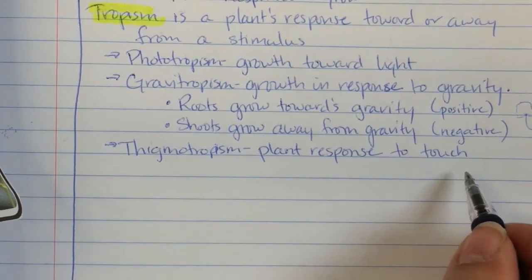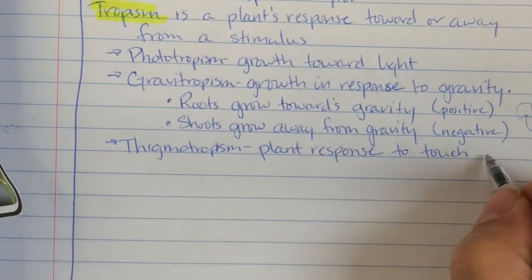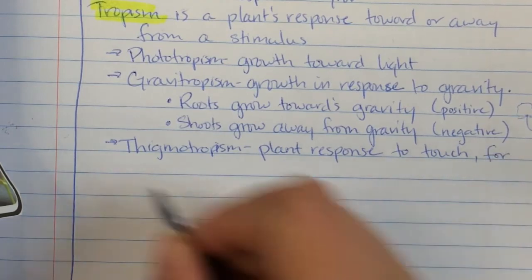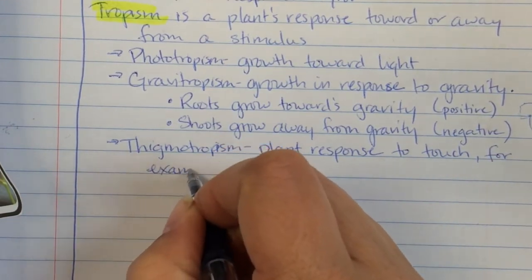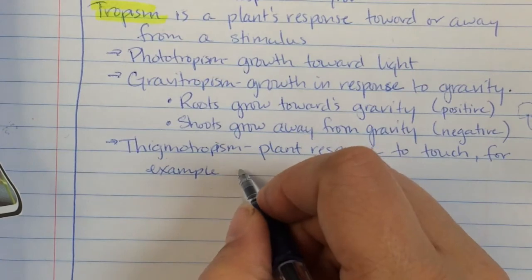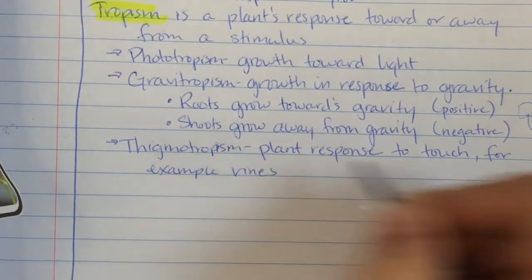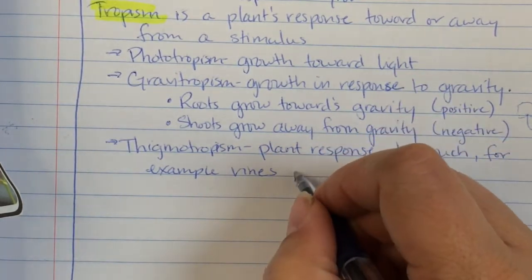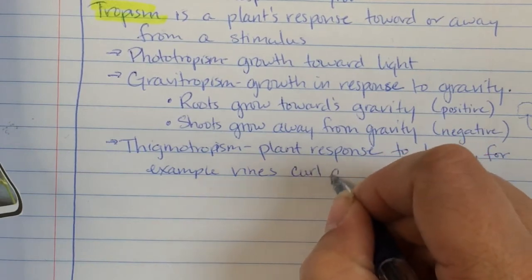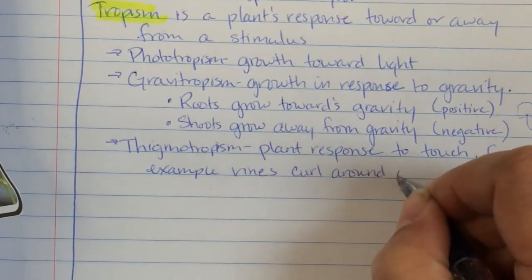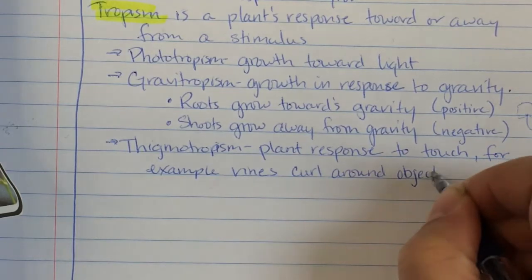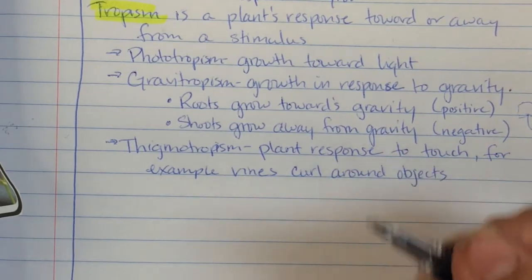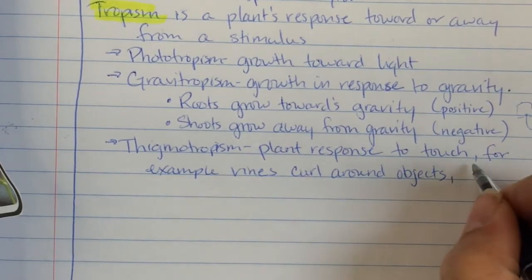And so examples of this one, for example, vines curl around objects. When they actually touch the object, they start to spiral around it.